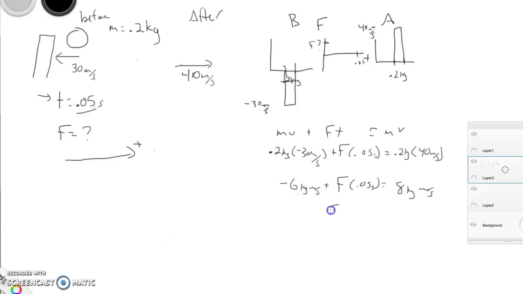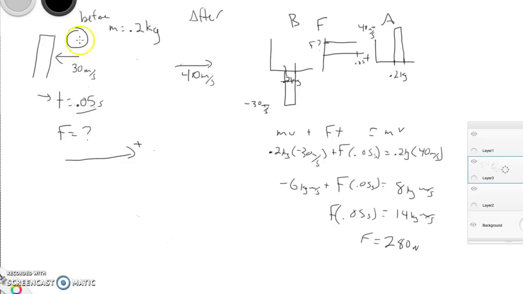We'll add that to the other side, and this is 14 kilogram meters per second. So we'll divide by the time and get a force of about 280 newtons. Which means that this baseball experiences a force of 280 newtons for 0.05 seconds.